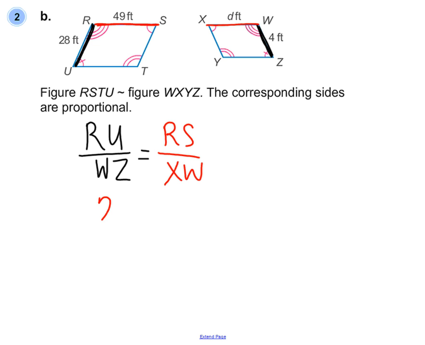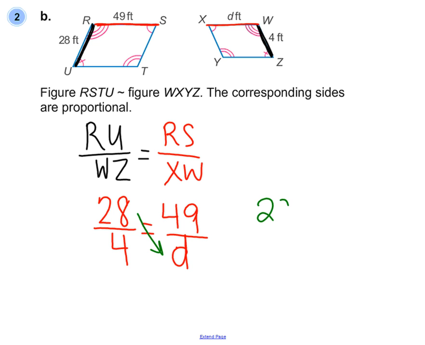Okay, now all we're going to do is solve a proportion. So RU is 28, WZ is 4, RS is 49, and XW is X. Or I'm sorry, it's D, because we don't know what that is. So we have our cross multiplication, or our cross products, to do. So we have 28 times D equals 4 times 49.